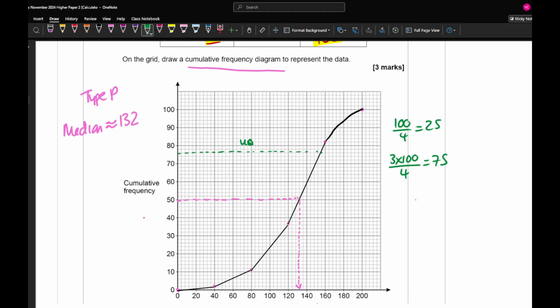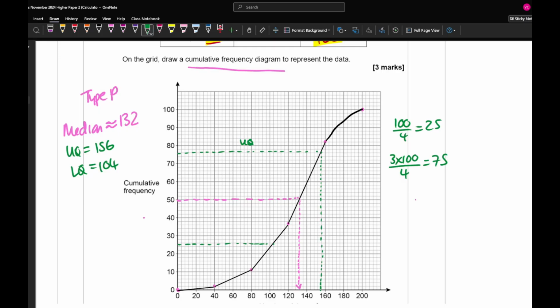I make that out to be around about 156. And the lower quartile, which is going to be at 25, I make out to be around about 104.